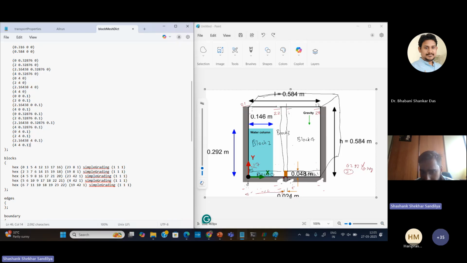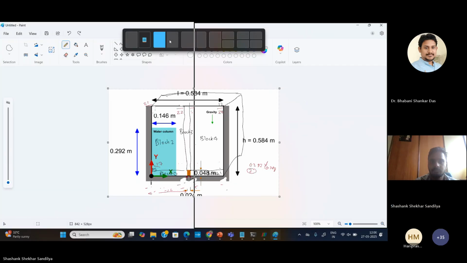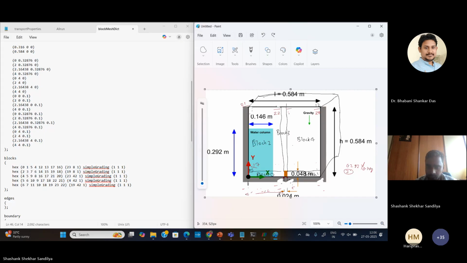So here we are starting from 0. Actually, we have to start from 0 only. So here is 0, 1, 2, 3, 4. This is 4, 5, 6, 7, 8, 9, 10, 11. This is a different color.